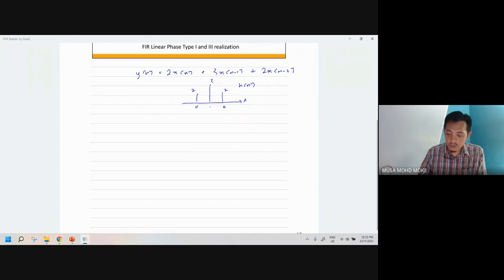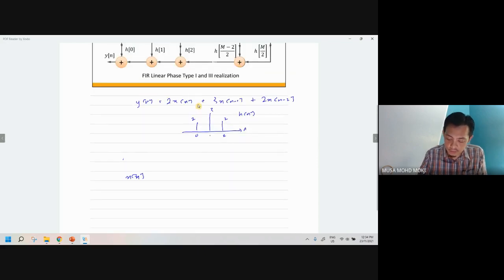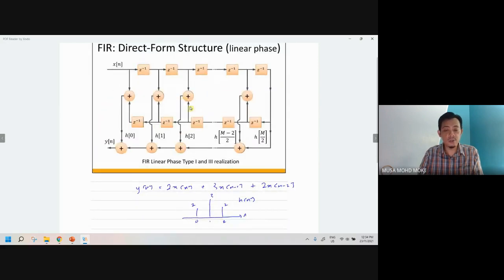So what we can do is we should have an x[n]. Let's say you have your x[n], and that x[n] needs to be multiplied by 2. Wait, I need to solve that one first. So actually, how do we reduce that number?